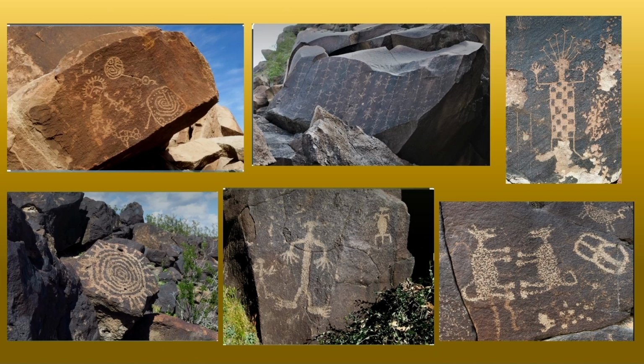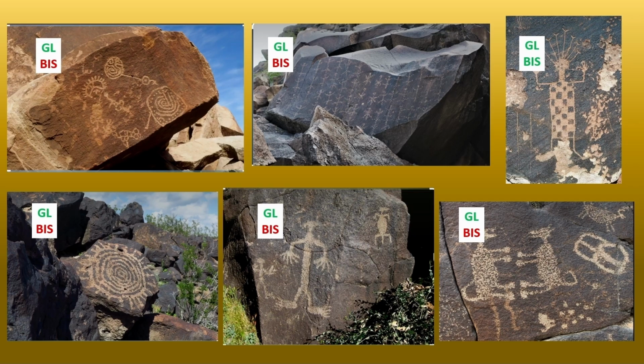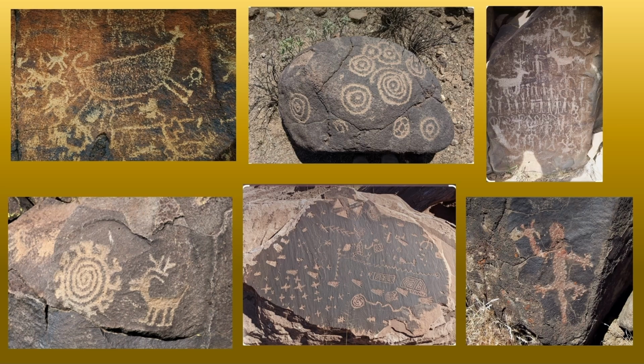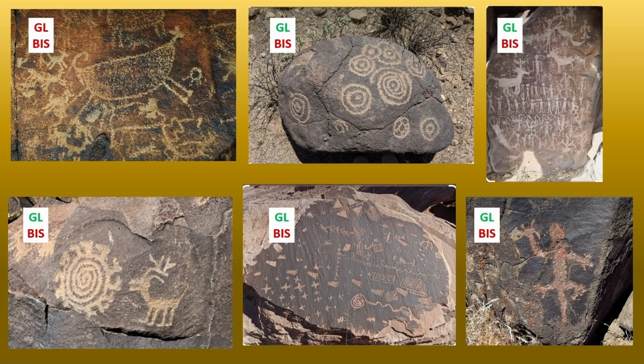Here's the next 6. Again, 6 impressive Arizona petroglyphs that are not really too obscure. A lot of people have seen them. Google Lens is all green here. Bing image search only found 1 of them. Here's the next 6. Again, mainly green for Google Lens.